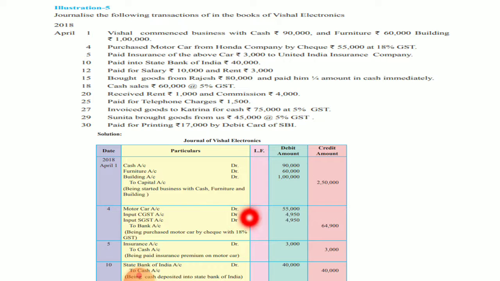Input CGST debit 4,950. Input SGST account debit 4,950. To bank account, because here it is given as purchased motor car by check. Check means bank will come. To bank account 64,900, because bank is the giver of the amount. So debit the receiver, credit the giver. The giver we will credit. So to bank account 64,900. Being purchased motor car by check with 18% GST.